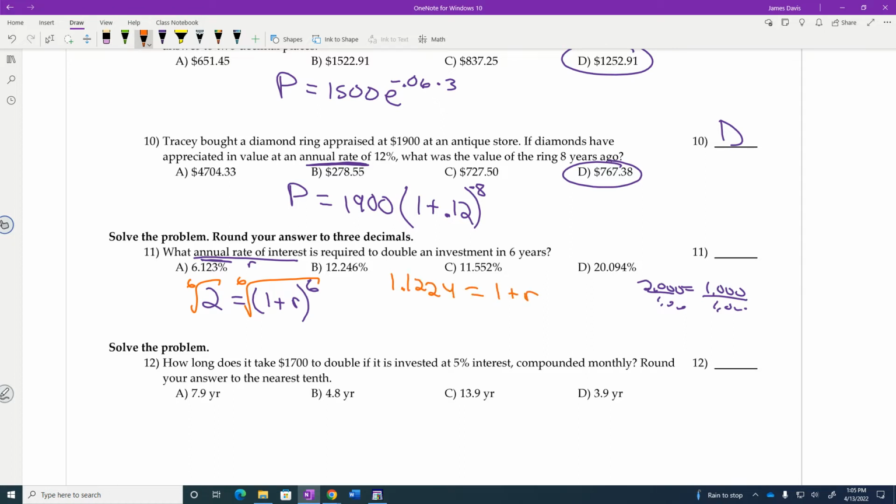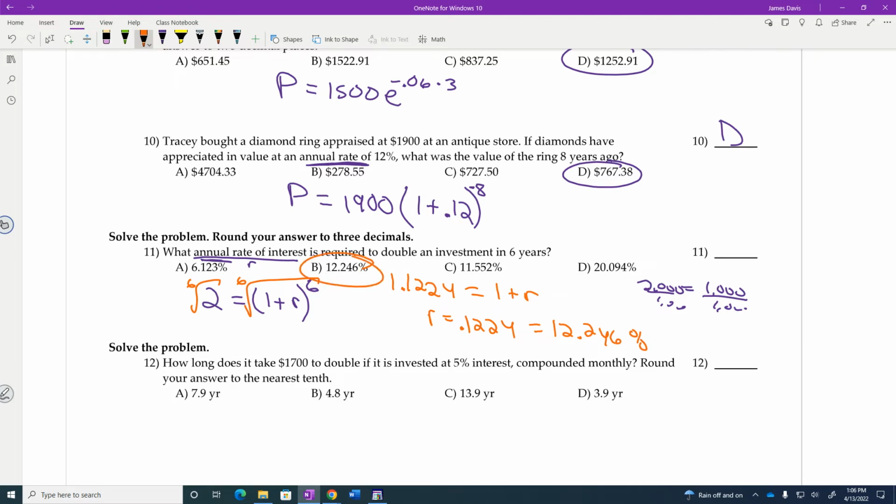Equals 1 plus r because the 6th power is canceled out. And then we just subtract 1, minus 1. And we get r equals 0.1224. It's a rate, so we need to move it over 2 places, 12.24%. So that one's going to be B.